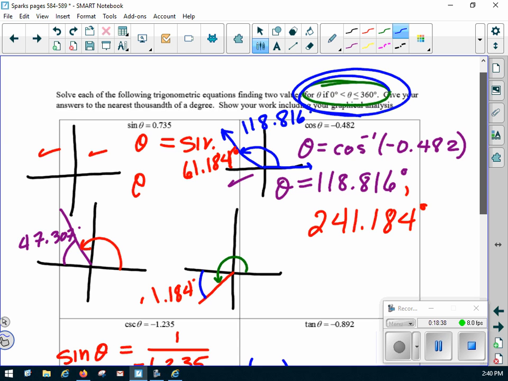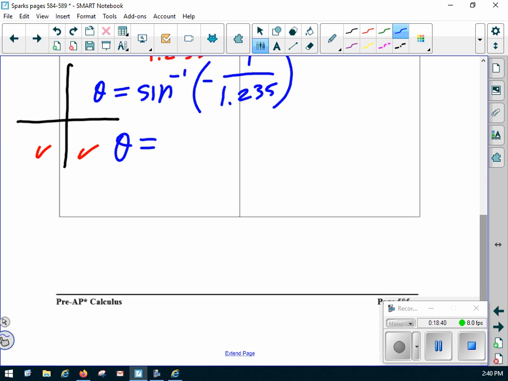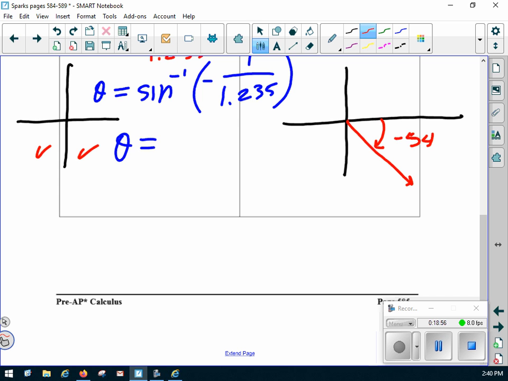So let's talk about what we figured out right there. Well, that's a good question. So here's what we figured out. We got an angle right here, right? That's negative 54.068.